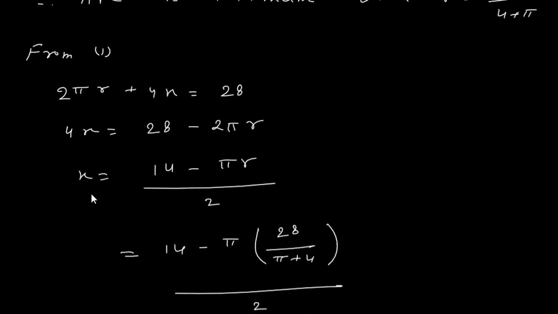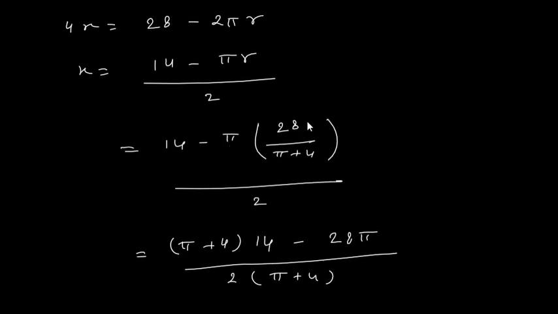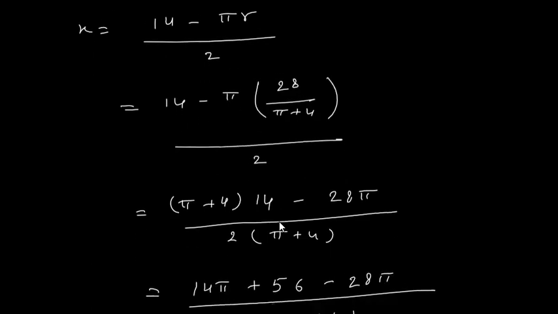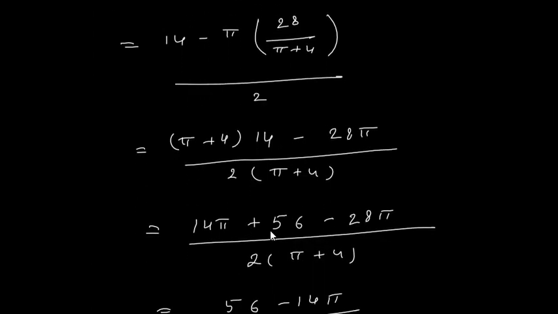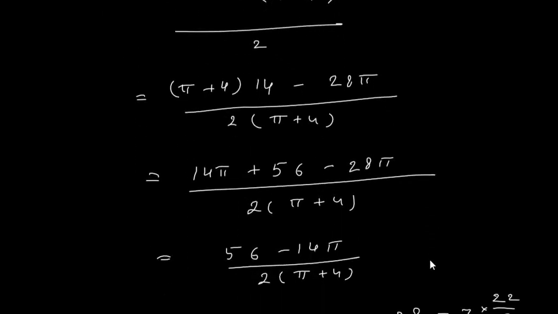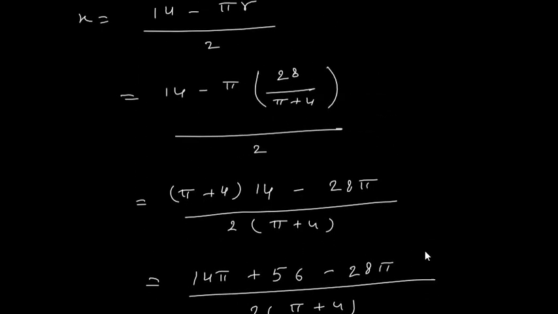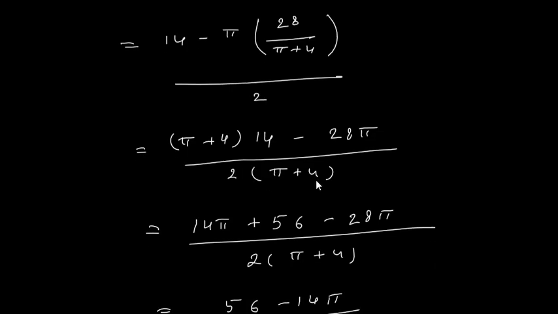X is 14 minus pi r upon 2. So 14 minus pi into r, pi r whole divided by 2. Then we cross multiplied, 14 pi plus 56 minus, here we have 28 pi. So this is upon pi plus 4 into 2.